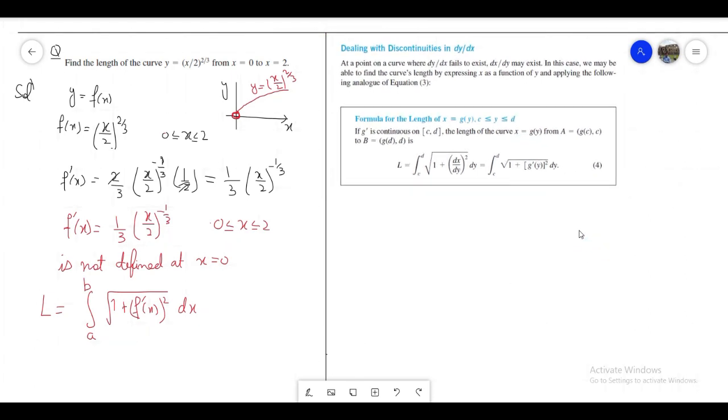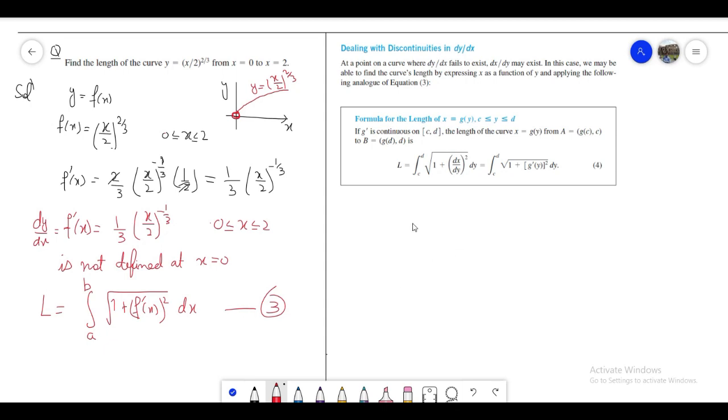In this we have to deal with the discontinuity of dy by dx. Of course, f dash is dy by dx, the first derivative, and we are facing a discontinuity at the point x is equal to 0. So in this case, we may be able to find the curve length by expressing x as a function of y and applying the analogous equation to the previous one, defined by equation 3.